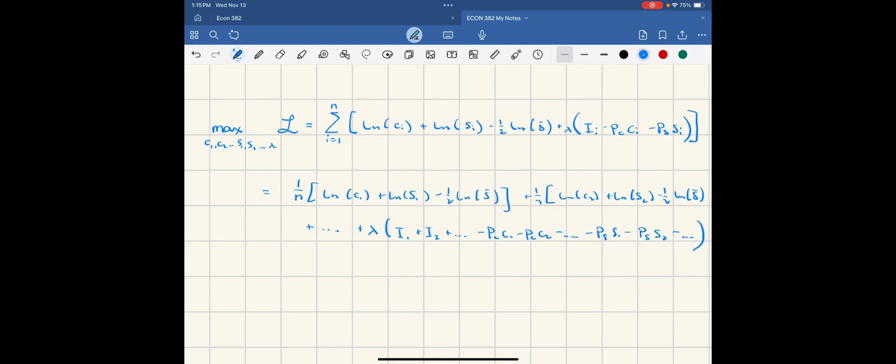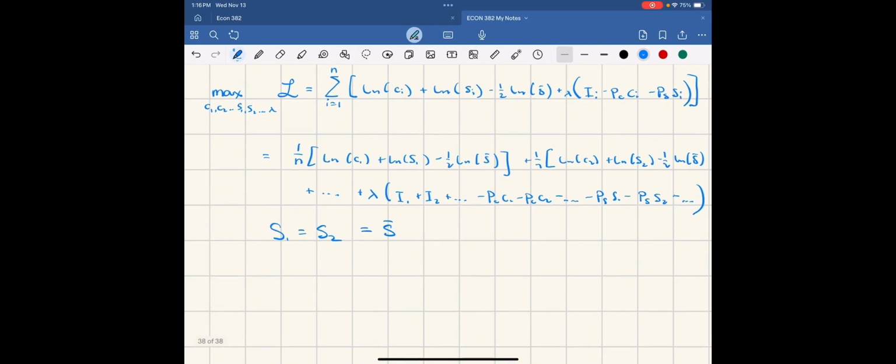But now we're going to impose that S1 is equal to S2, which is equal to the average consumption of each person. And so now we can rewrite the objective function.